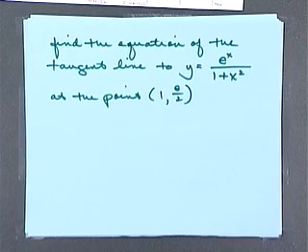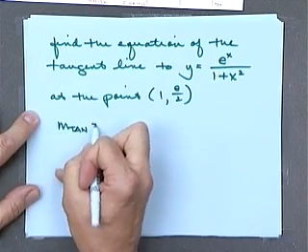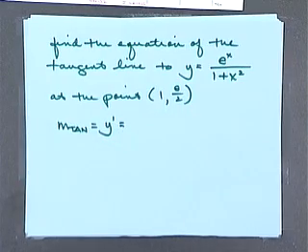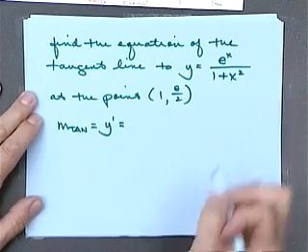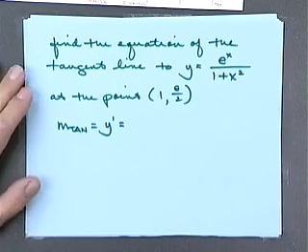Equation of the tangent line. What do we need? Derivative, which gives us the slope of the tangent line. So the derivative is slope of the tangent. What is the derivative on this? You see why it is an example problem from this section.